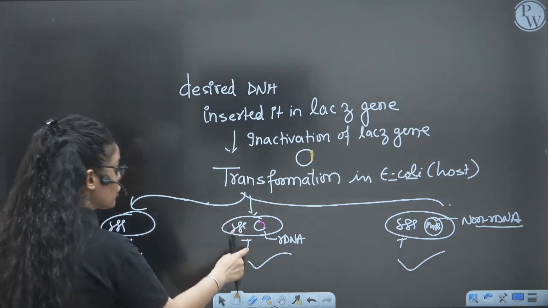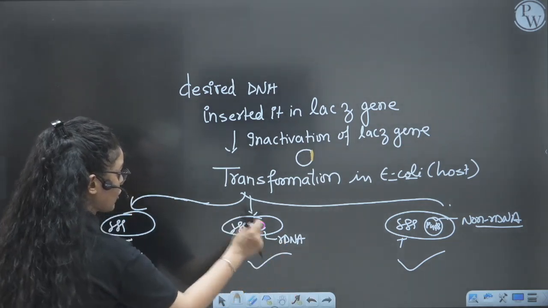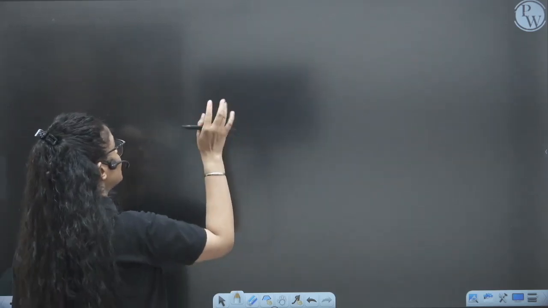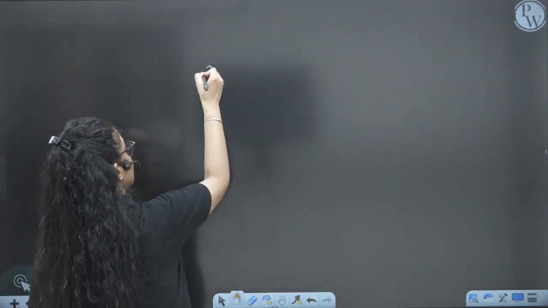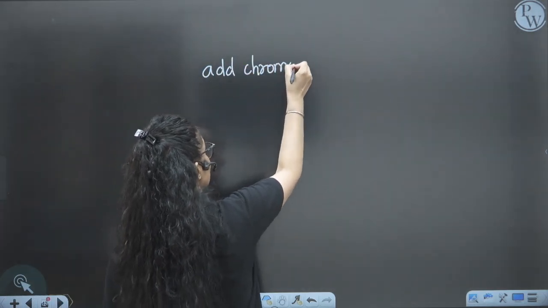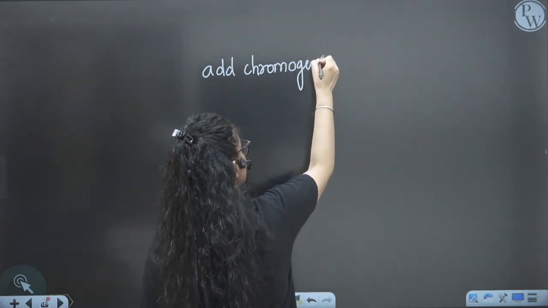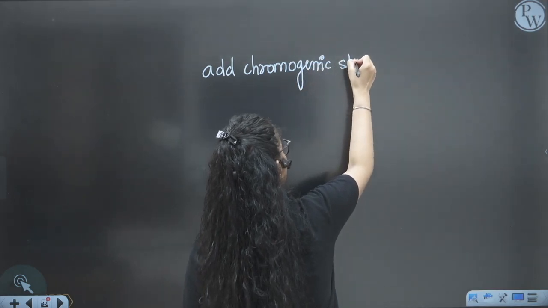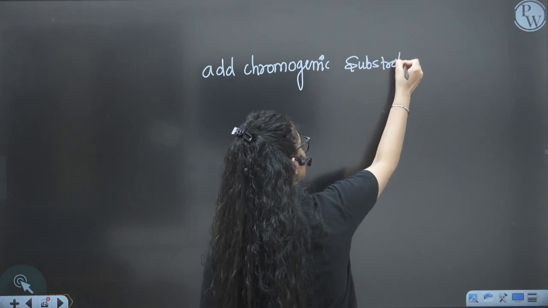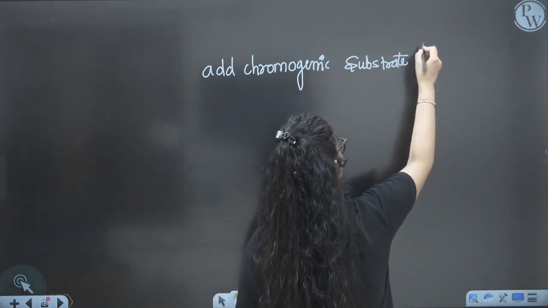Now, how would we select the transformant with recombinant DNA from the one with non-recombinant DNA? For that, we will use a chromogenic substrate, X-gal, right? Substrate means some reactant which will convert into a different product and give a different color.